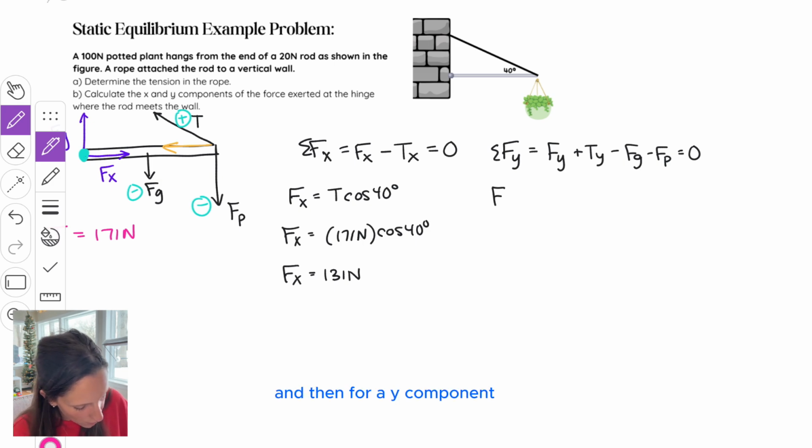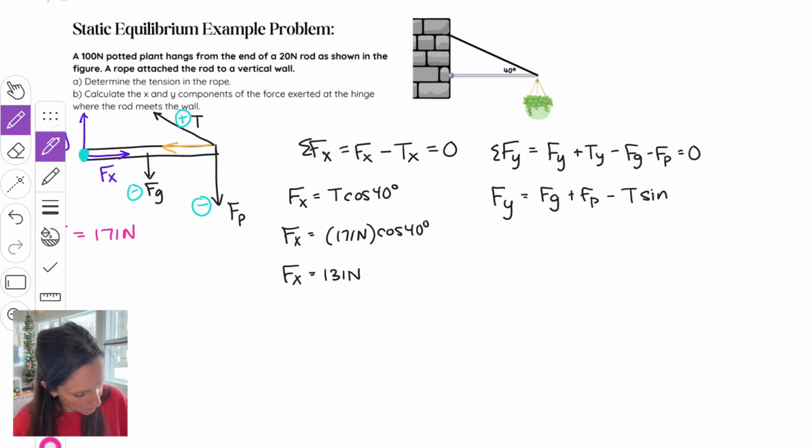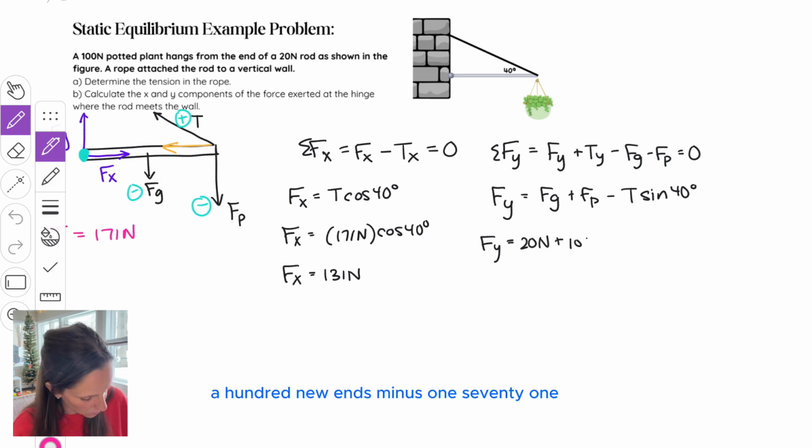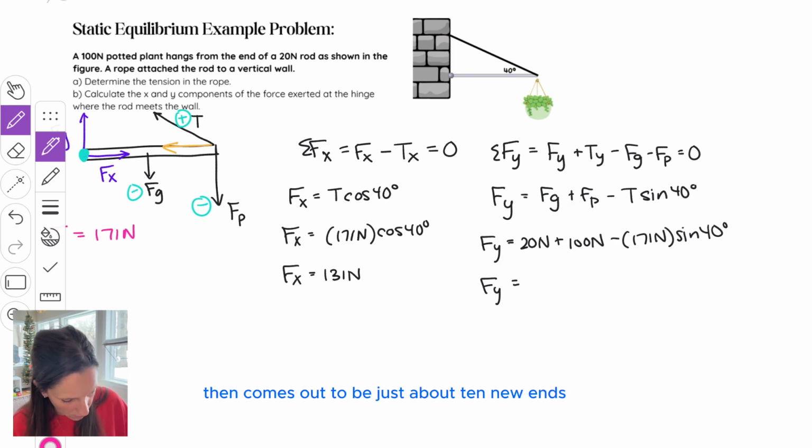And then for our y component, we have our Fg, Fp minus our y component of tension, which would be our whole tension times the sine of 40 degrees. So 20 newtons, 100 newtons minus 171 sine 40, and that y component then comes out to be just about 10 newtons.